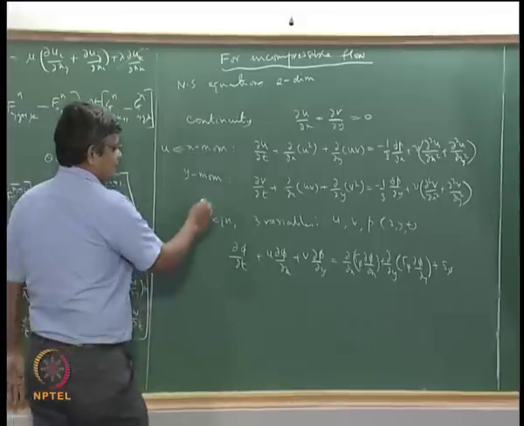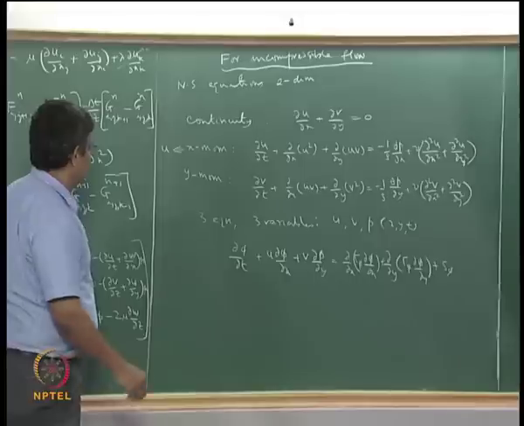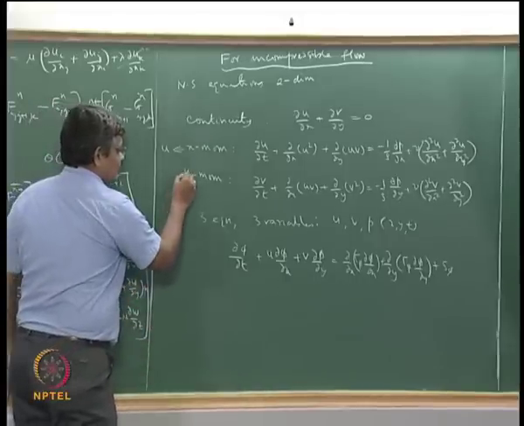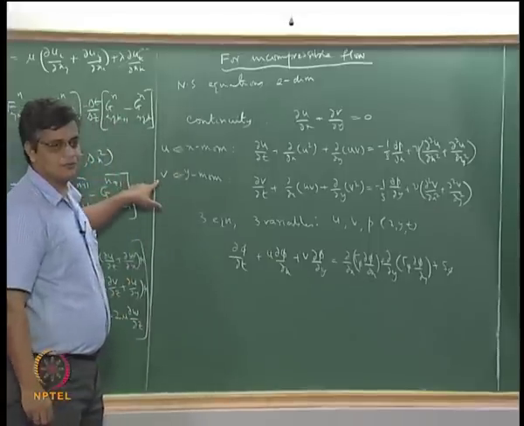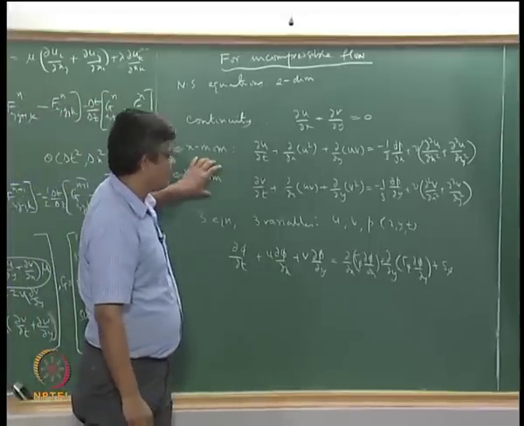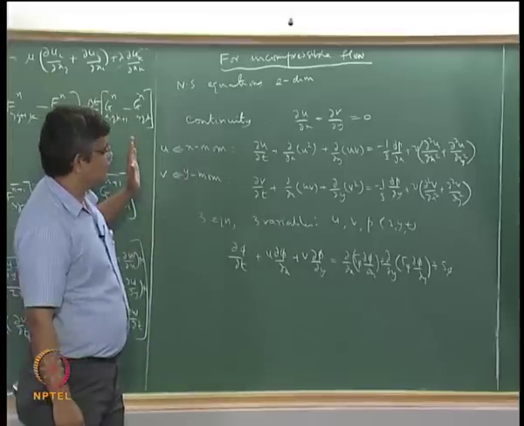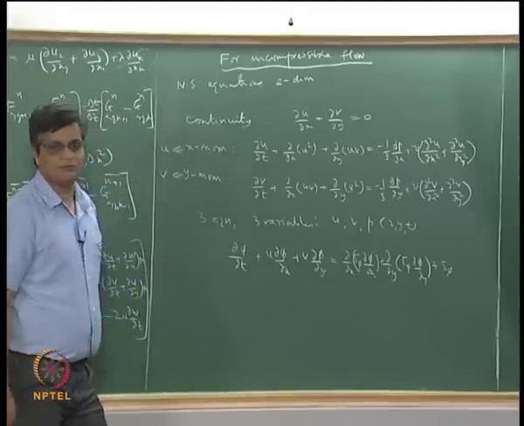And similarly one can say that the value of v, that is the vertical velocity component, which is also the specific y momentum, is determined by the y momentum balance. So we have a natural equation for the evaluation of u and v.